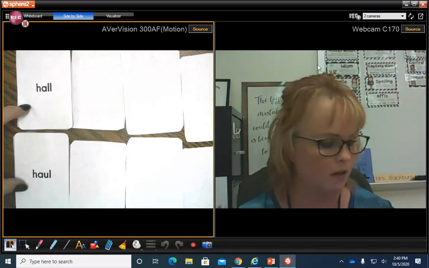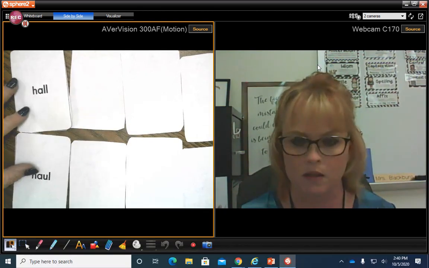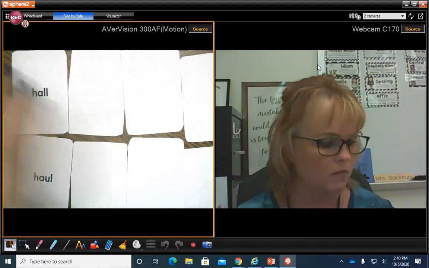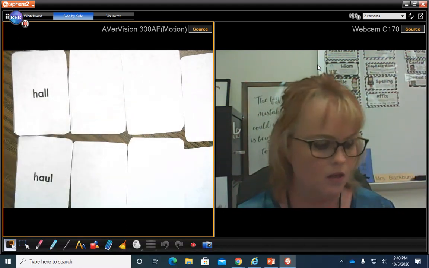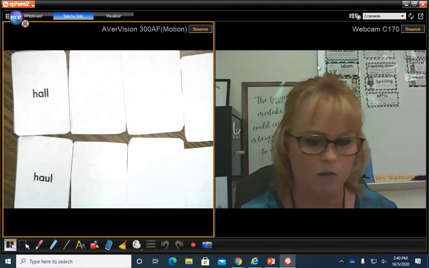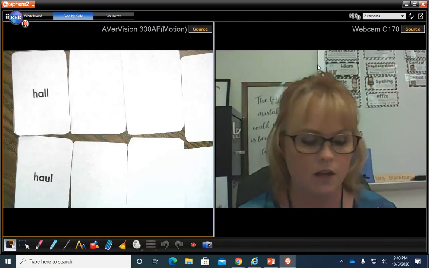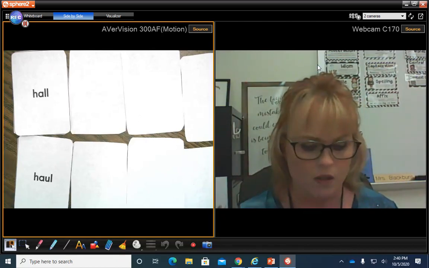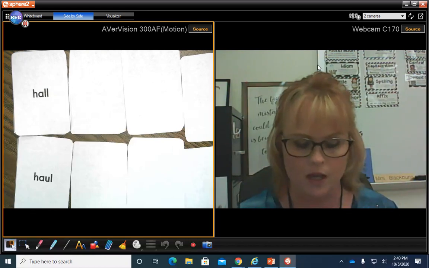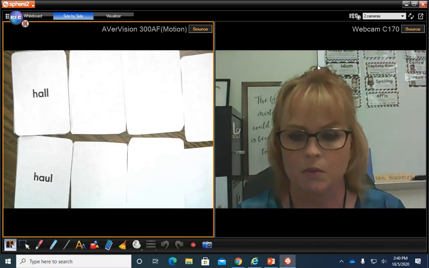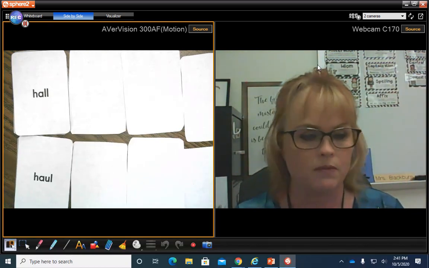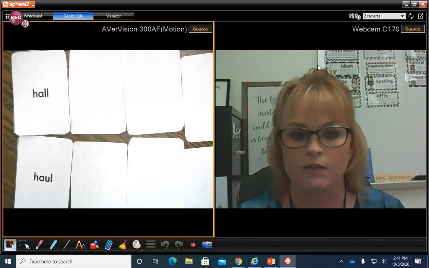You say them the same, however, they have different spellings and they have very different meanings. So again, this is how we're working with homophones this week. Homophones are those words that have the same pronunciation, but very different meanings and very different spellings.